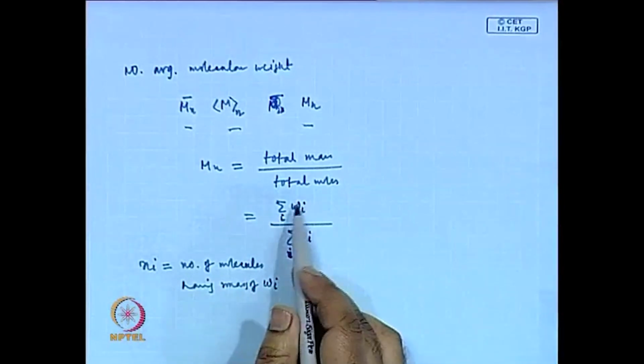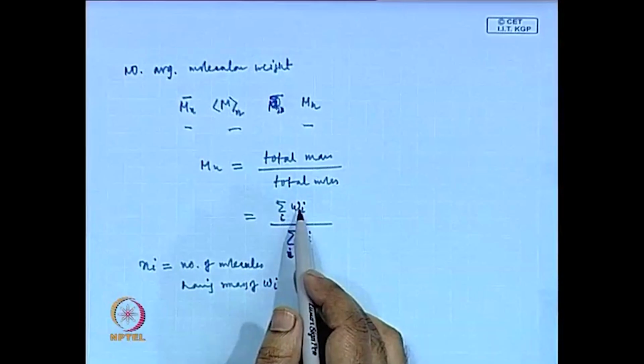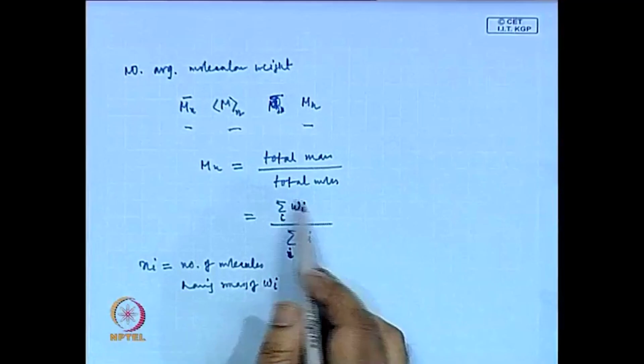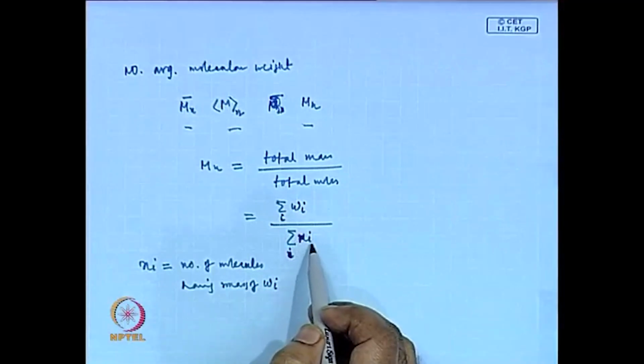Okay. So, total mass will be given by the total summation of all the molecules divided by the total number of moles.